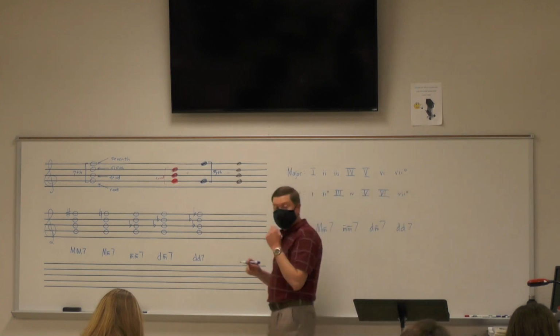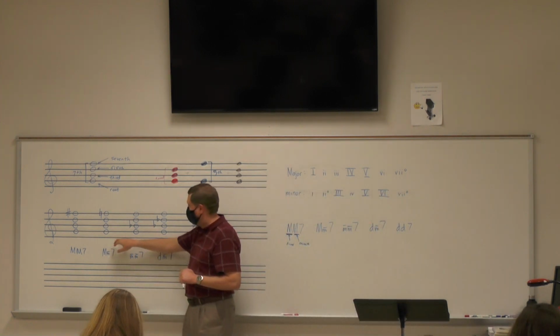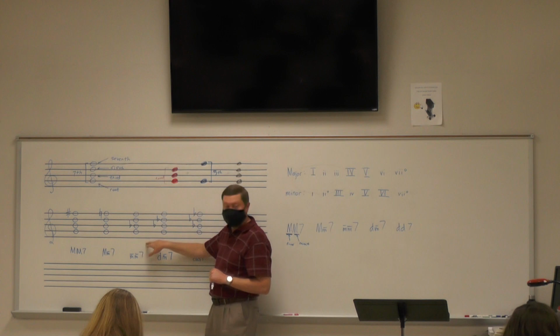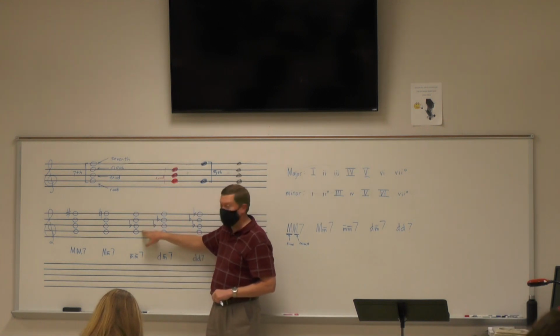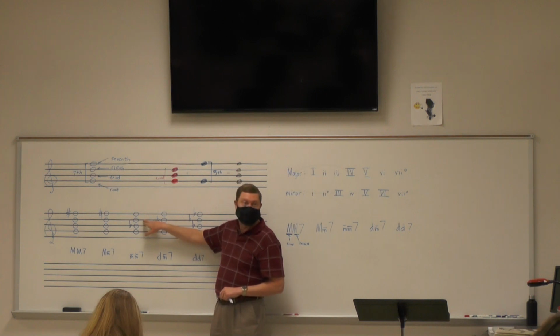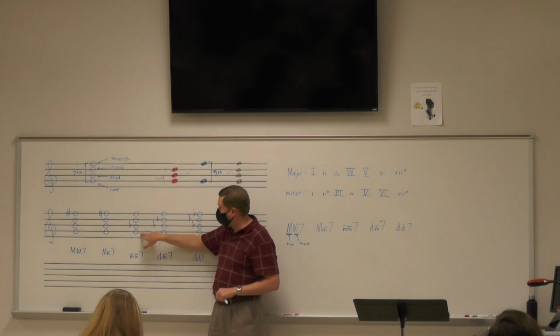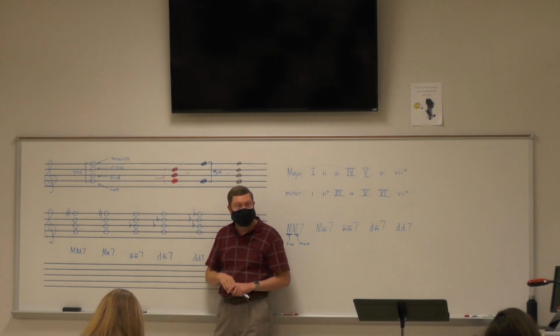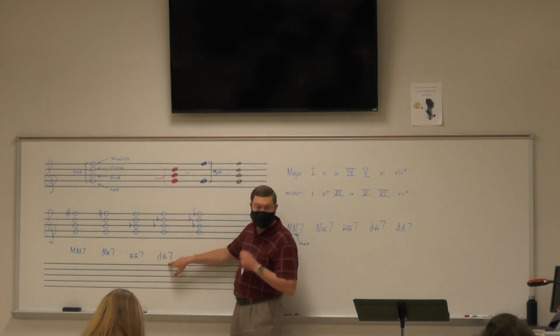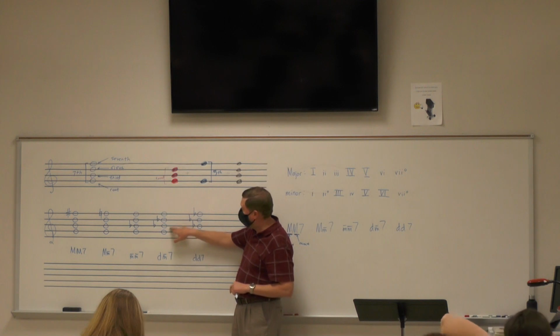Now, you can check this if you need to, but for instance, the minor 7th chord is a 4-note chord that has a minor triad on the bottom. G, B flat, D is minor. And then the 7th from G to F natural, that's a minor 7th interval. The diminished minor 7th chord has a diminished triad.